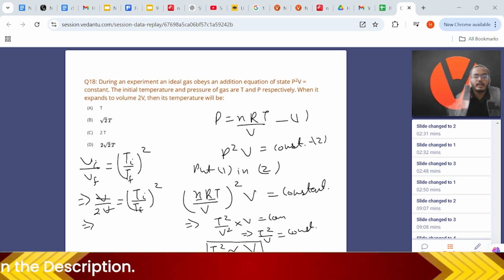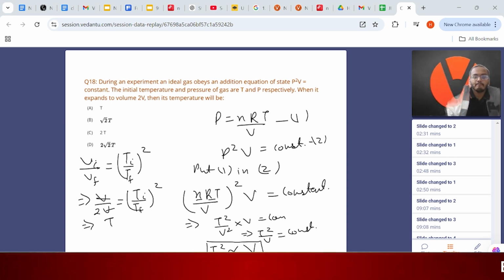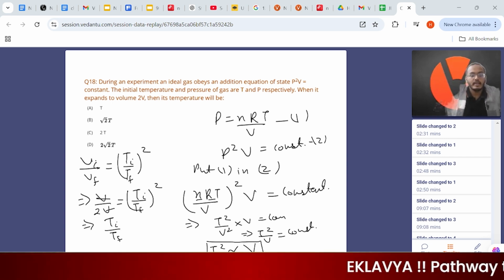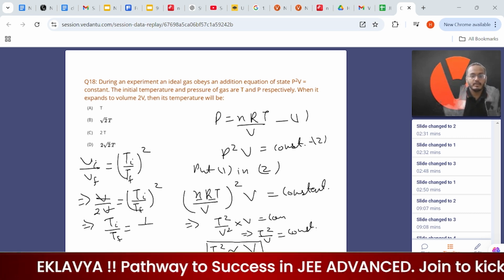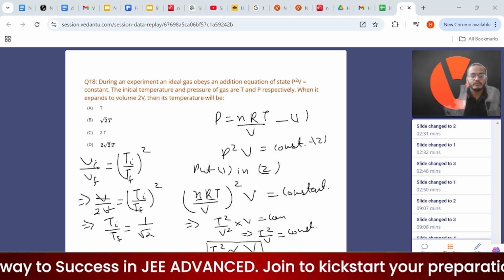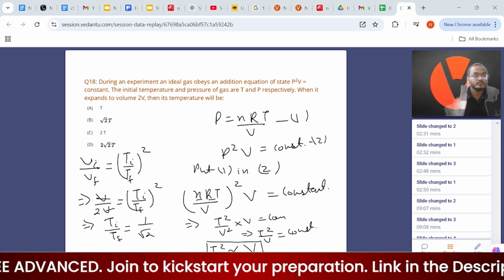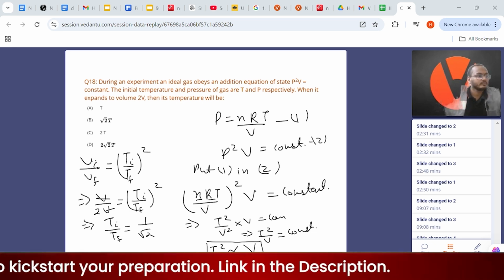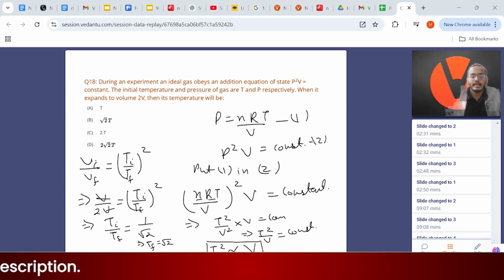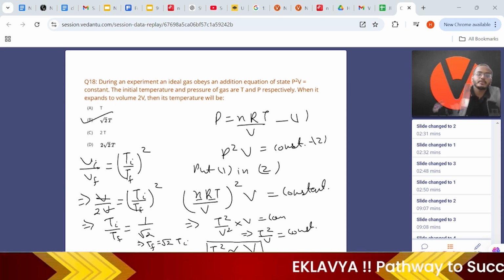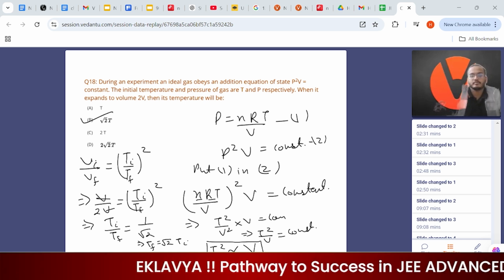V and V cancel out. So from here, Ti upon Tf will be equal to 1 by root 2. I want to calculate the final temperature, so it will be equal to root 2 of T initial. Hence, option number B will be correct.